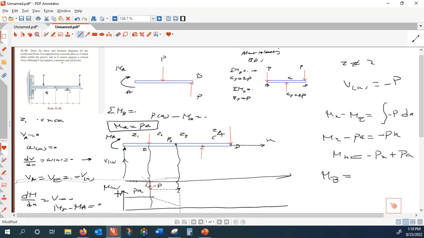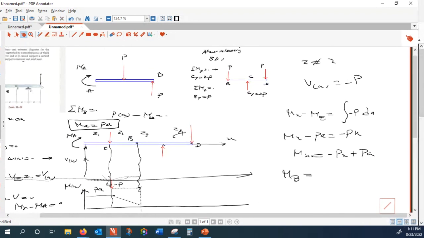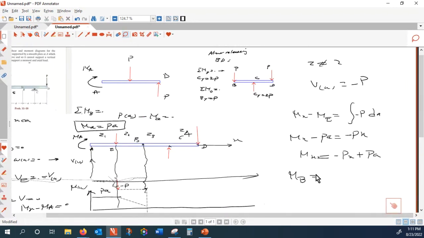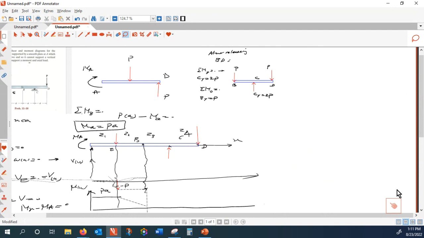Okay, so we took care of the first zone, second zone. Now let's go to the third zone. Okay, third zone. Starting with, I bring the coordinate system at B, and that is x changing between 0 to a.